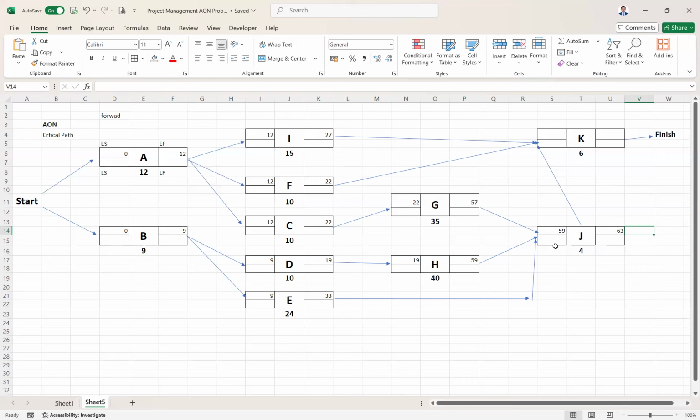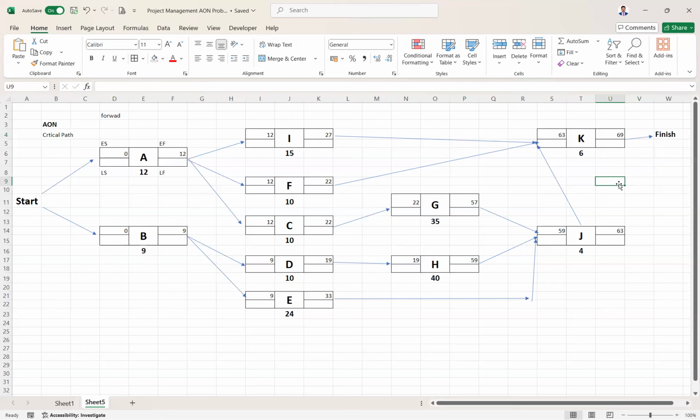I, F and J. Similar thing, 27, 22 and 63. The maximum value is 63, sorry, J's early finish is 63. So that is the early start for K. Then the early finish for K is 63 plus 6, 69.